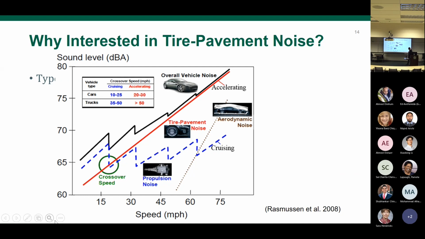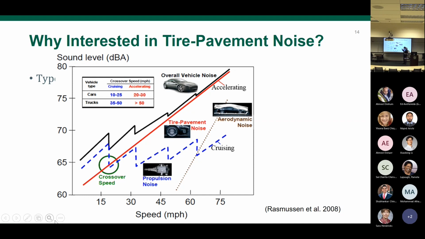One is the noise from the engine and the exhaust, the powertrain system, the power noise. Another sort of noise is the aerodynamic noise, which comes from the vibration of air around the vehicle.